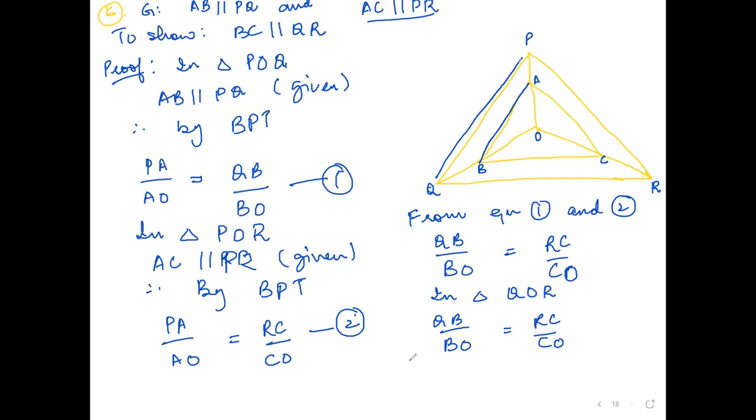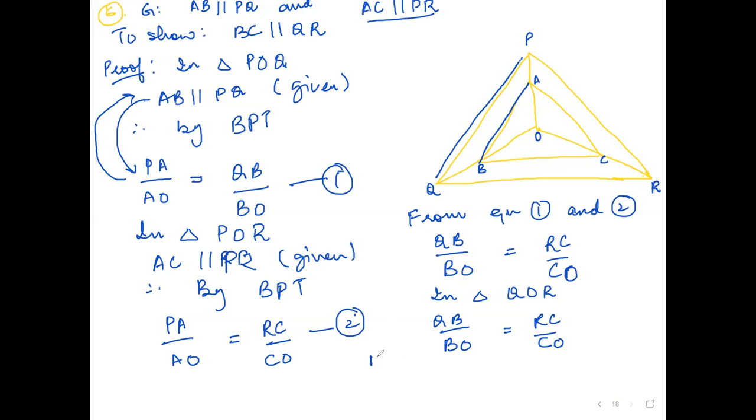So the ratio is the same. See the reverse here, Sarah. The line was parallel and therefore the ratio is equal. Now do the opposite. BC is parallel to QR. Very good. Which theorem am I using?